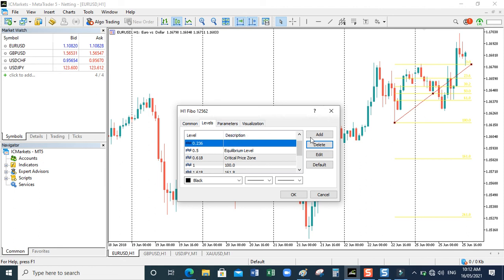You delete them. So you shift this one forward because we are going to put this in here. You put in 0.778. That's your high probability zone 1.